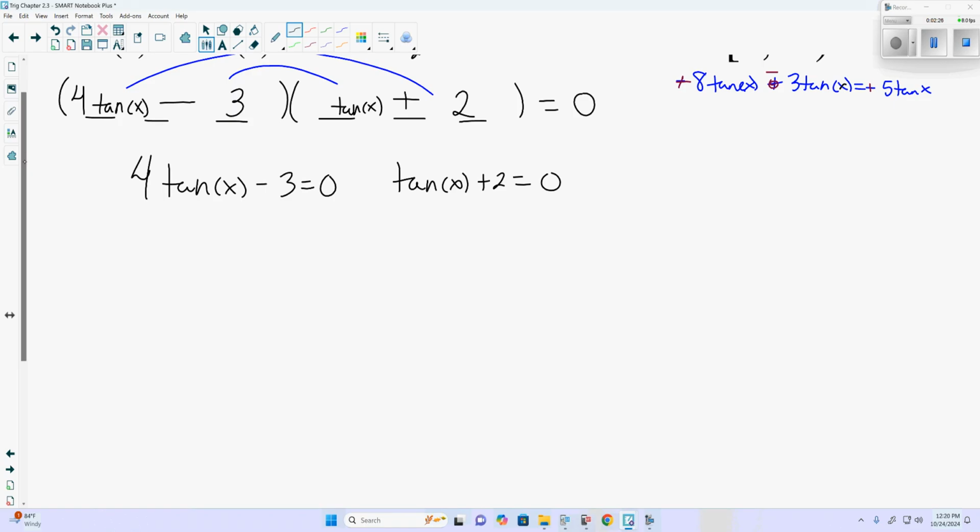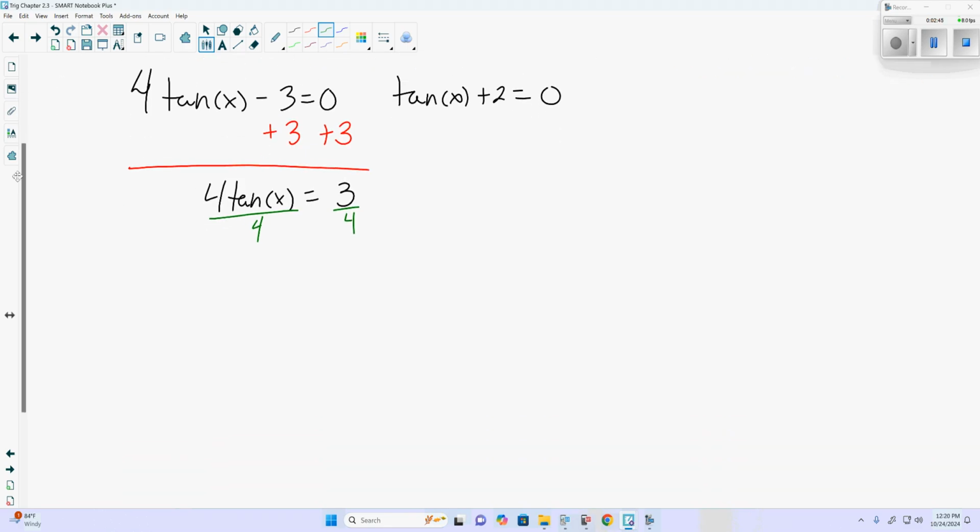Now for our first one over here, first thing we can do is add 3 to both sides, telling us that 4 tangent of x is equal to 3. At this point we can divide both sides by 4, telling us that tangent of x is equal to 3/4.